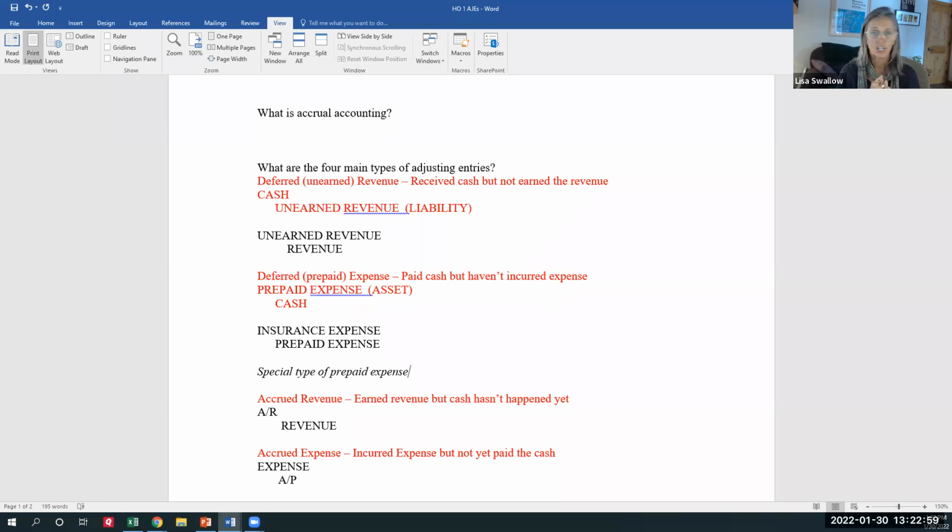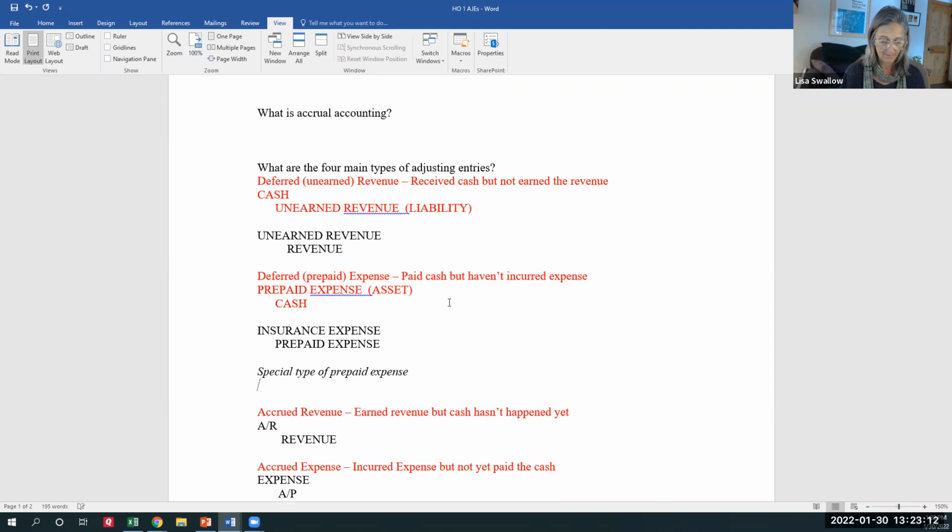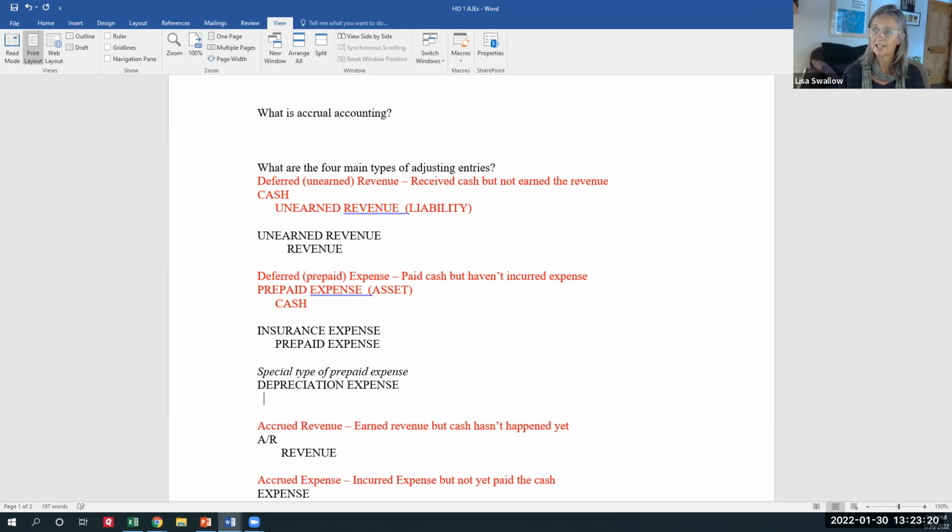And remember, depreciation doesn't mean that the value of the asset's gone down. It's just a way of allocating a big asset over the period that it helps to benefit. And for this special type of writing off a plant asset or a fixed asset over time, we debit depreciation expense and we credit that very special new type of account we learned about, accumulated depreciation.